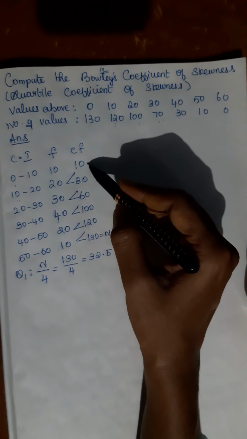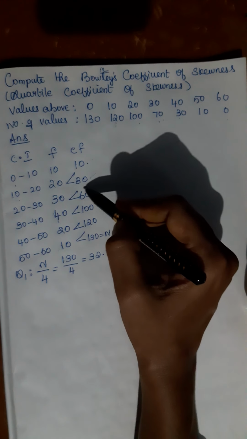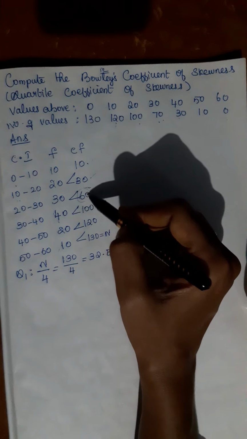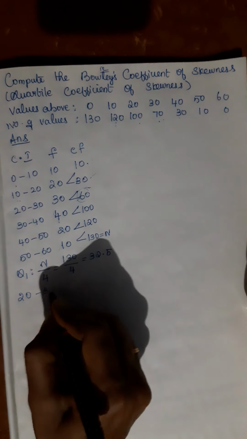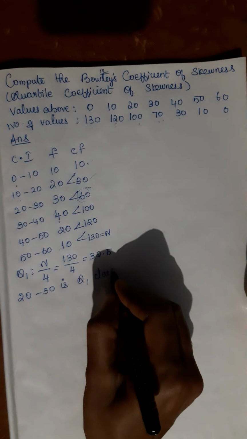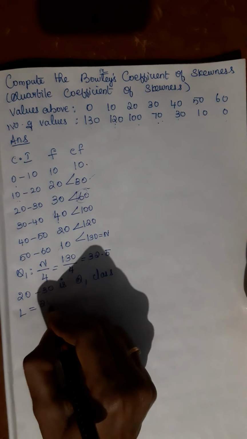Now leave all the values which are less than 32.5 in the CF column. This number is greater than 32.5, so consider this value. The corresponding class is called the Q1 class. The lower limit of this class is 20.